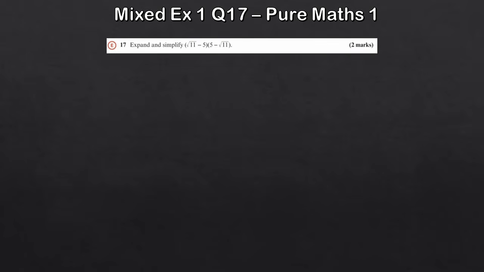So another question here, just making sure you're confident expanding brackets involving surds. So root 11 minus 5 times 5 minus root 11 here. I'm not sure which method you all use, but I use FOIL. So I expand my first two terms, so that's 5 times root 11, so that'll be 5 root 11.